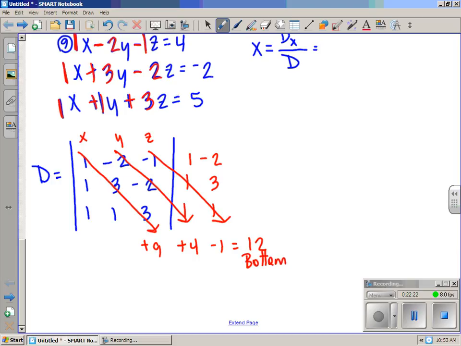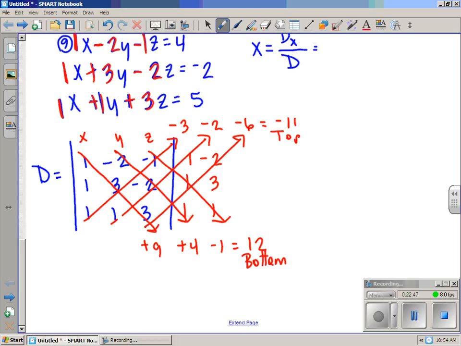To get the top number, multiply up. 1 times 3 times negative 1. 1 times negative 2 times 1. 3 times 1 times negative 2. Add those up. Negative 3 plus negative 2 plus 6 would be negative 11. That is the top number.